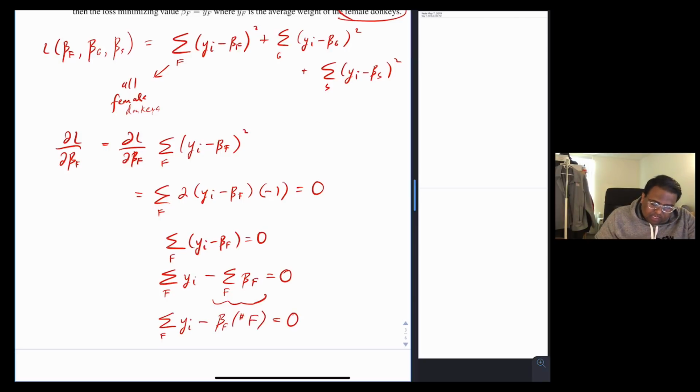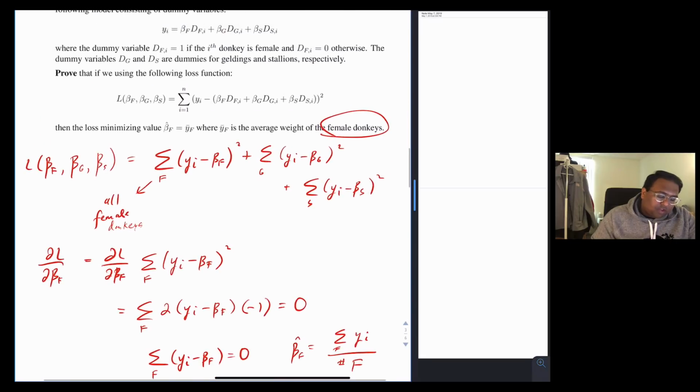Okay? And now at this stage, if we do a little bit of rearranging, we get that the optimal beta F is the sum of the weights of all female donkeys over the number of female donkeys, which is the average weight of female donkeys. Right? The sum of all the weights divided by the number of them is the average. And so we've concluded the proof that the loss minimizing value of beta hat F is the average weight of the female donkeys.